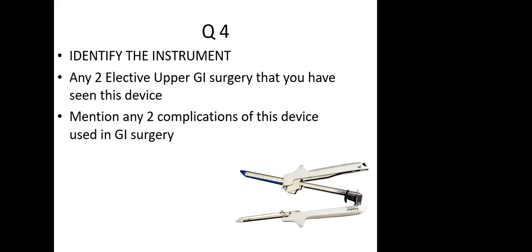Now, when you are mentioning complications, see, you may say leak is a complication, and it will not be wrong to say leak. But can you mention any immediate intraoperative complication that you have seen with this device?